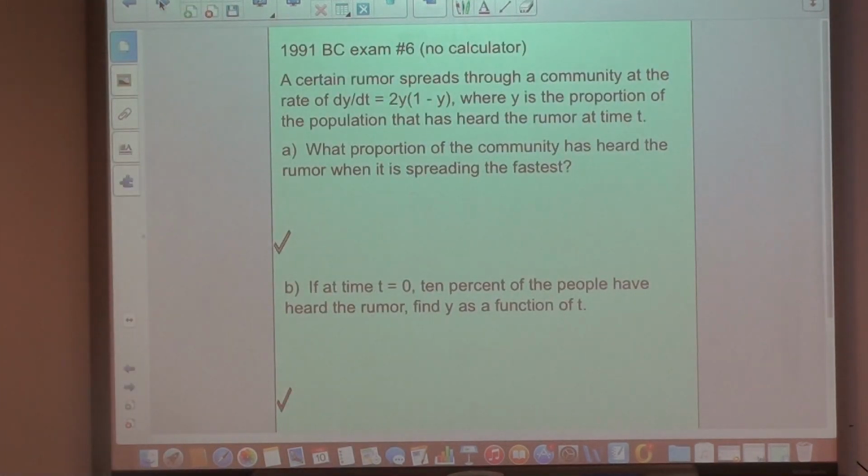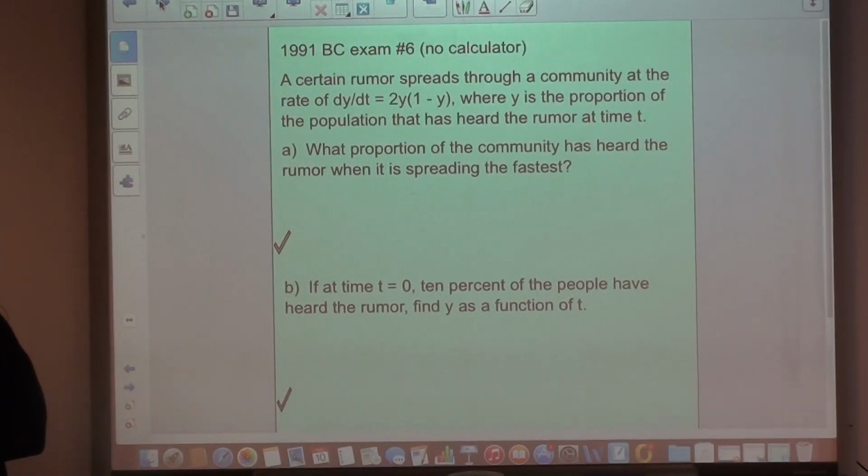All right, so going back in time a little bit to the year 1991. This is a no calculator question. This was on the 1991 BC exam, problem number 6. A certain rumor. Who knows what the rumor is?